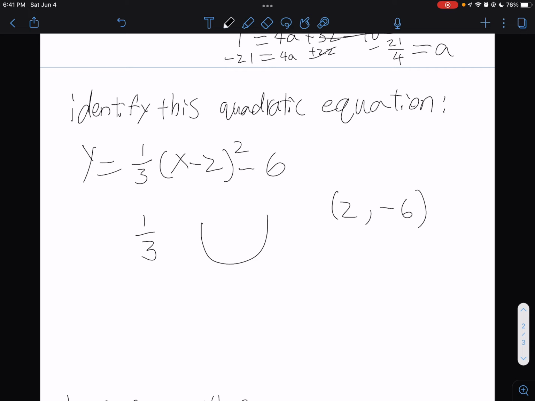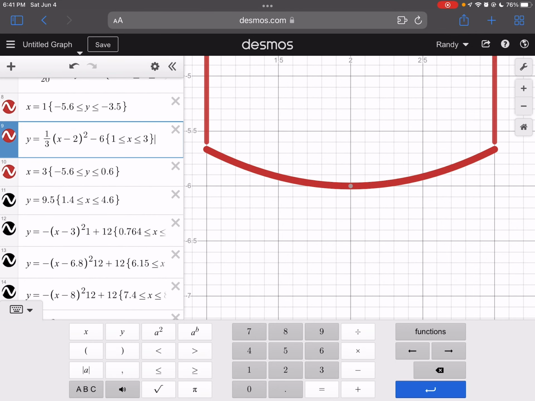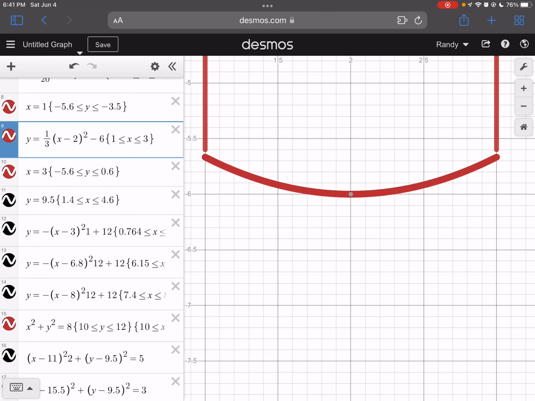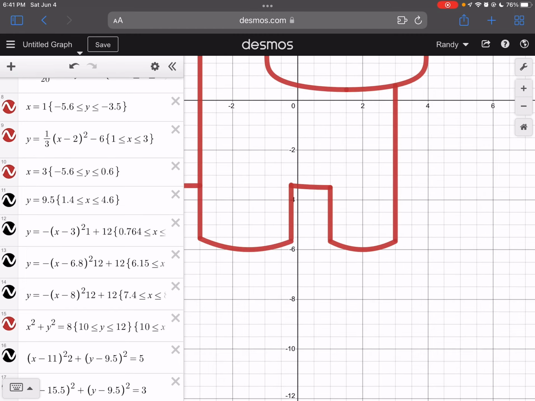And let's check if we are correct. Yes, this is indeed correct.